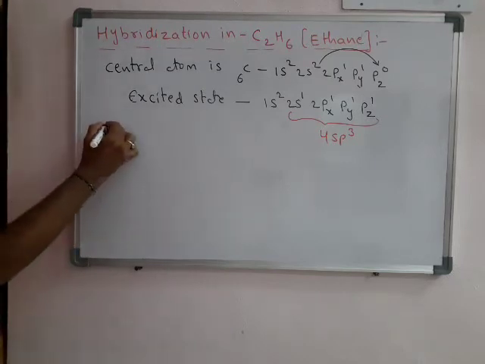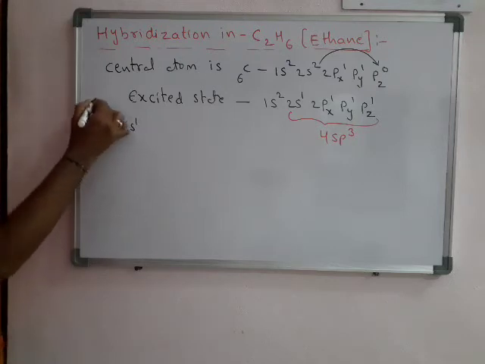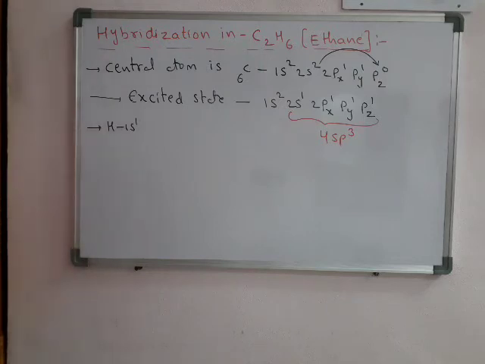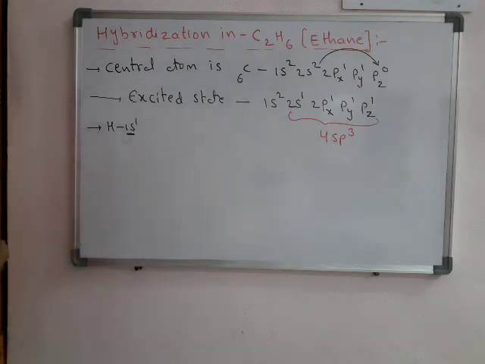The hydrogen is 1s1. How many hydrogens are there? There are 6 hydrogens. No need to write the 6. 6 hydrogens, 1s1 orbitals, like the 2 carbon atoms. So how does the bond formation take place?